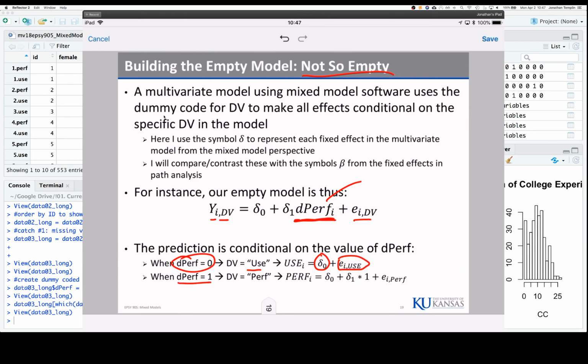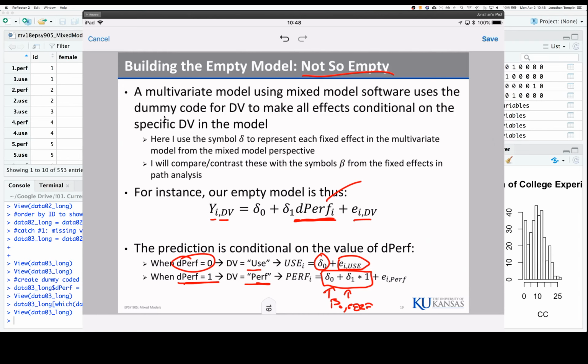Whereas whenever this predictor variable dperf is 1, it really says we're using the outcome performance, and what we'll end up getting is an intercept plus a main effect of performance. These two together will give us effectively what I'm calling beta 0 for performance, because adding those two together will work.